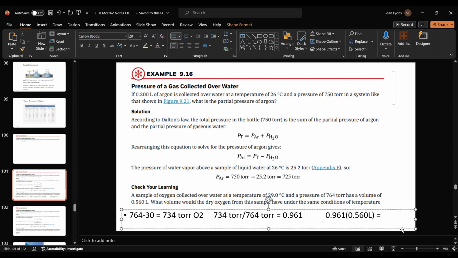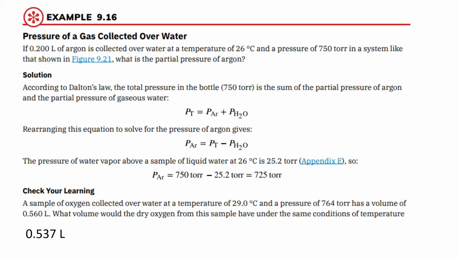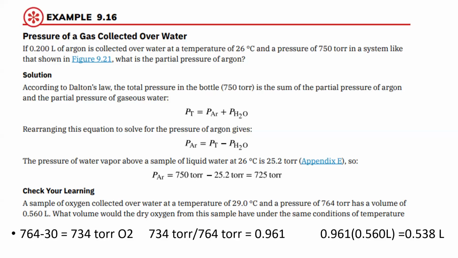So now if we have a full 100% of this mixture, it's going to take 0.560 liters. But if we're thinking about just 96.1% of it, or 0.961 mole fraction, we can figure out just the volume that the individual component would occupy, 0.538 liters there.